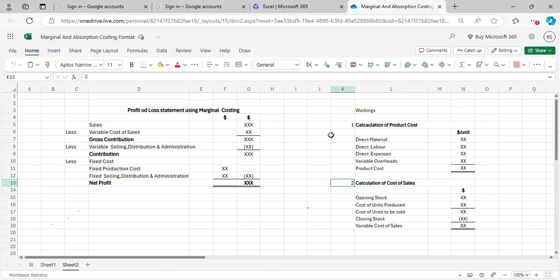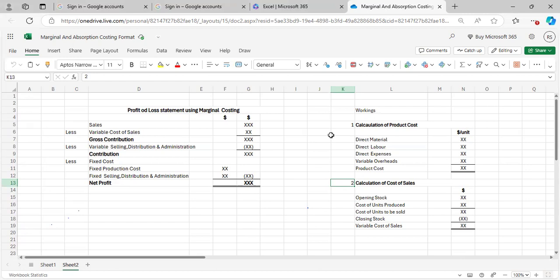marginal costing. In marginal costing, we have much less working, reduced working, because the major working is done in absorption costing. First of all, we have to calculate the product cost. Product cost includes direct material, direct labor, direct expenses, variable production overheads, and fixed production overheads are not included in the product cost using marginal costing.